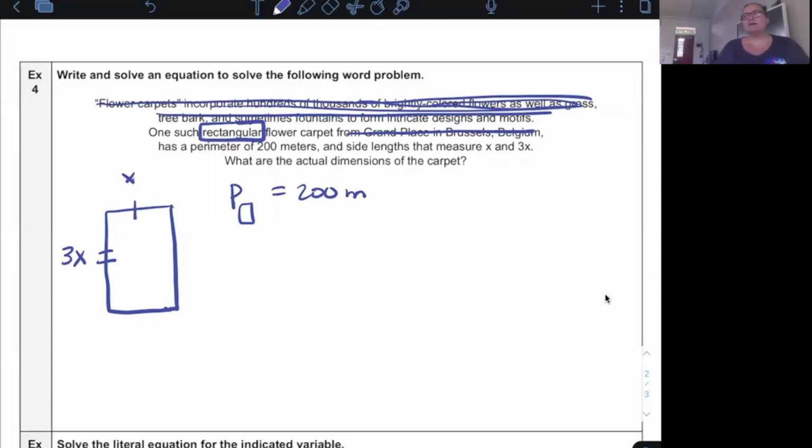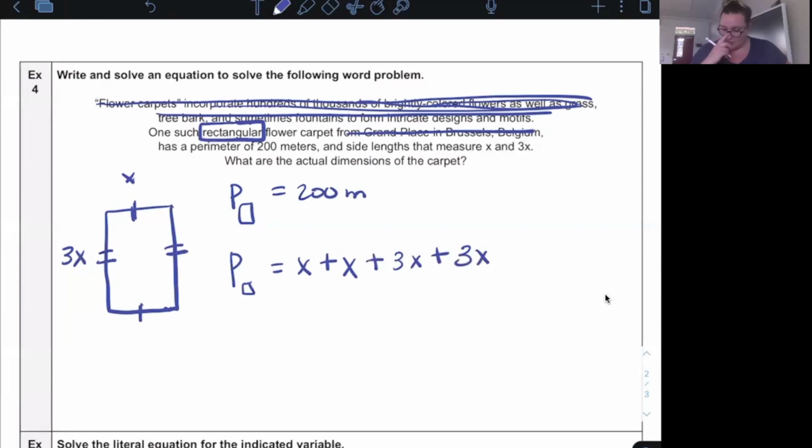So how do I find the perimeter of a rectangle? To find the perimeter of a rectangle, don't I add up all the sides? So I'm gonna take side x plus, well, if this is x, so is this side, plus the other 2 sides. So if this side is 3x, then so must be the opposite side. So this would also be 3x.